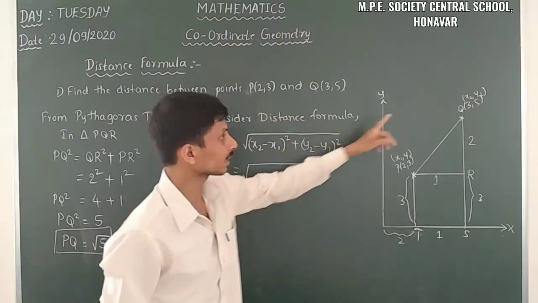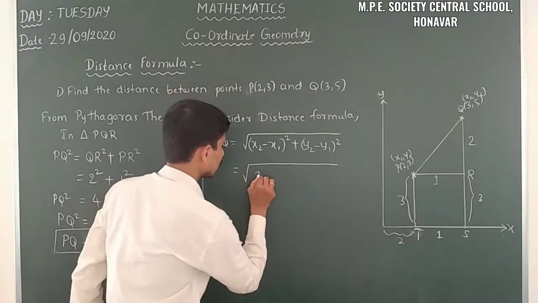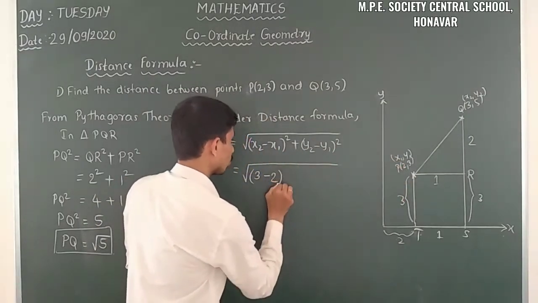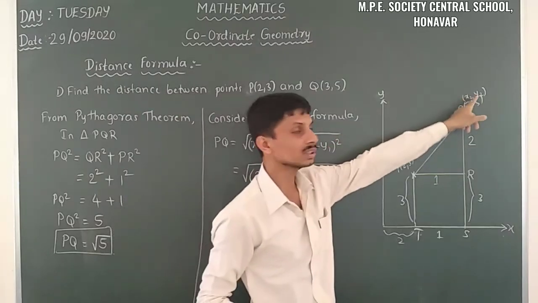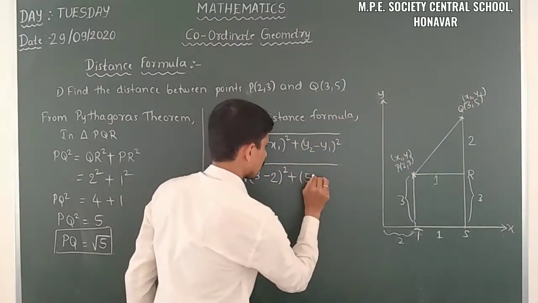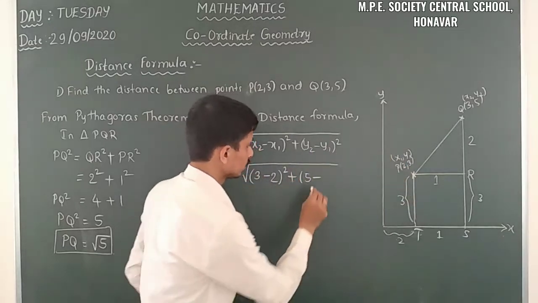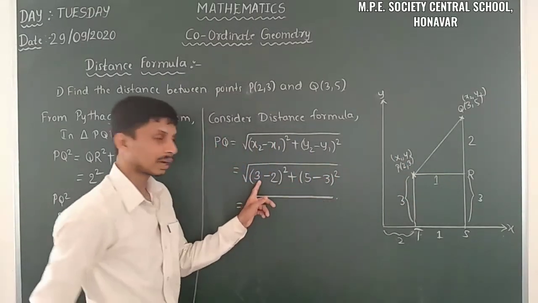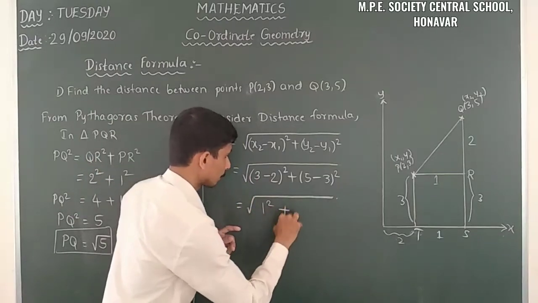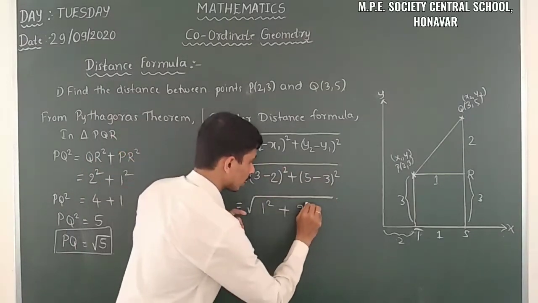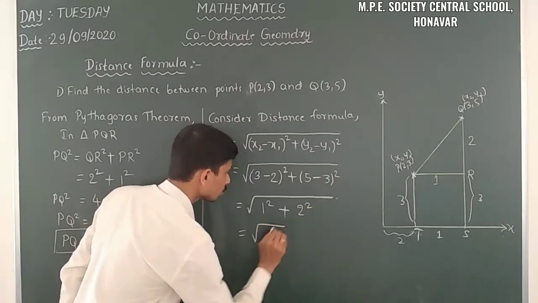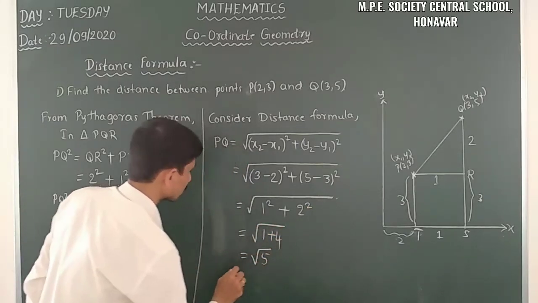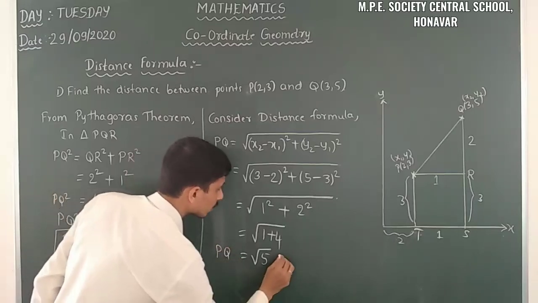So here x2 is equal to 3 minus x1, x1 is equal to 2, whole square plus y2, value of y2 is 5 minus y1 is equal to 3, whole square, is equal to square root of 3 minus 2 is 1 square plus 5 minus 3 is 2 square, is equal to square root of 1 plus 4, is equal to root 5. So PQ is equal to root 5 units.